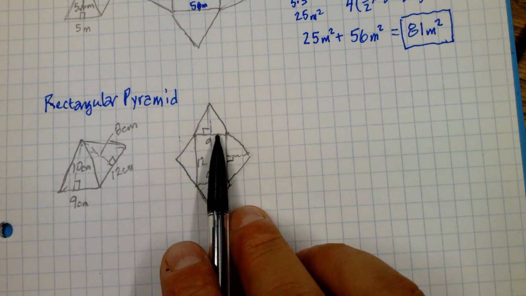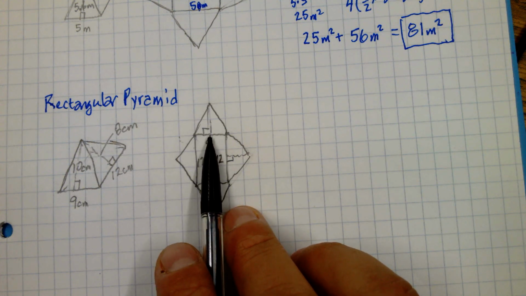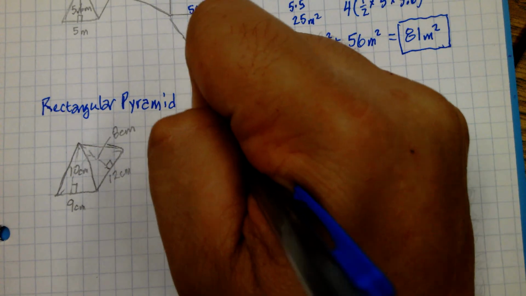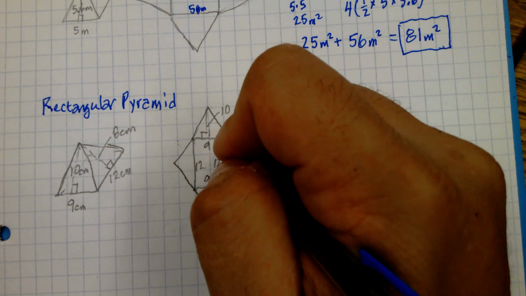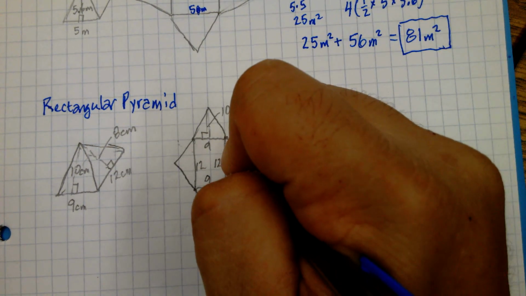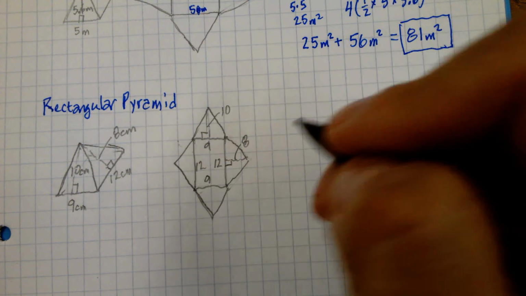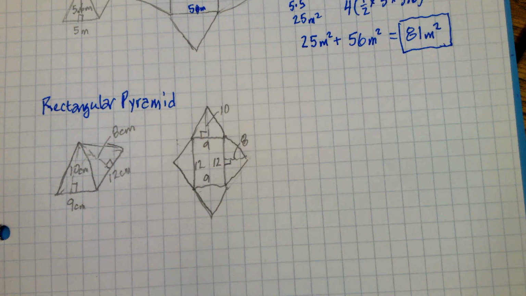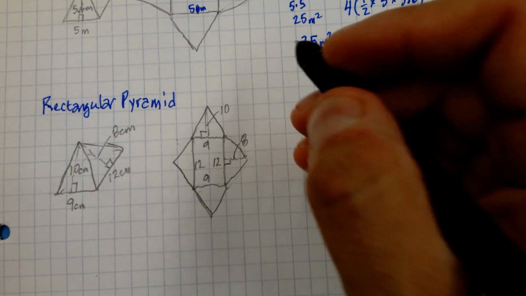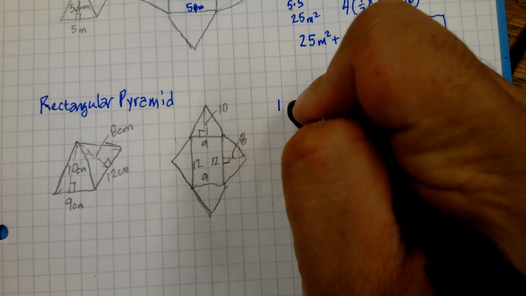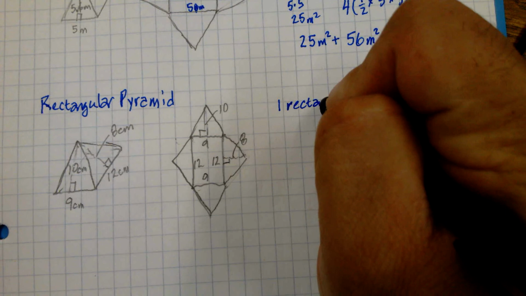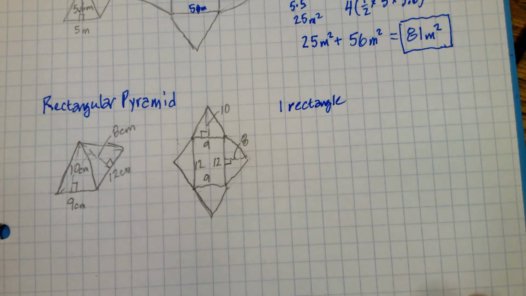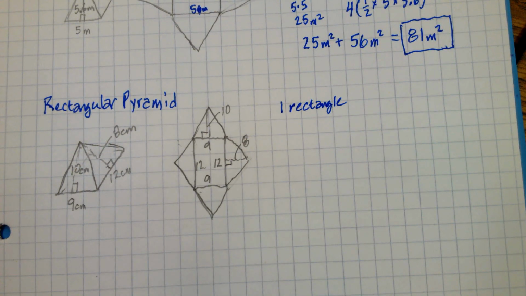So what did we say the height for the triangles that are 9 on the base? That's 10. How about the triangles that have a base of 12? 8. Okay. So this time we have one rectangle, right?